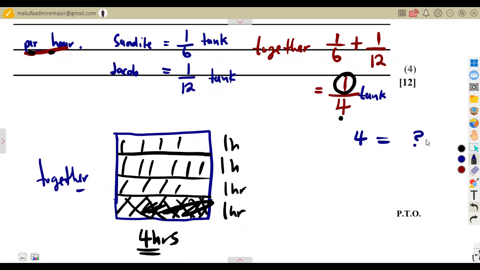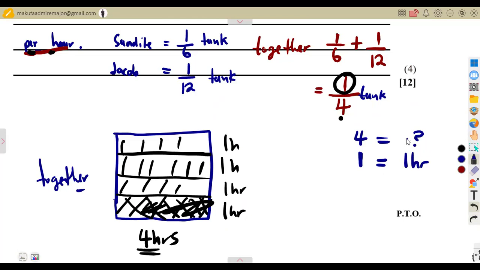We want to know how many hours they are going to need to fill a tank which has got 4 parts. But 1 part of the tank, together they are filling it in an hour. 1 part of the tank, they need 1 hour to fill together. So in 4 parts of the tank, how many hours are they going to need?